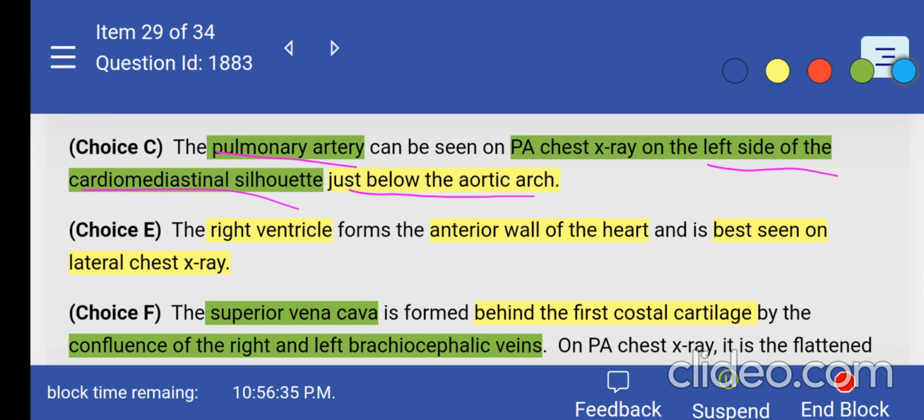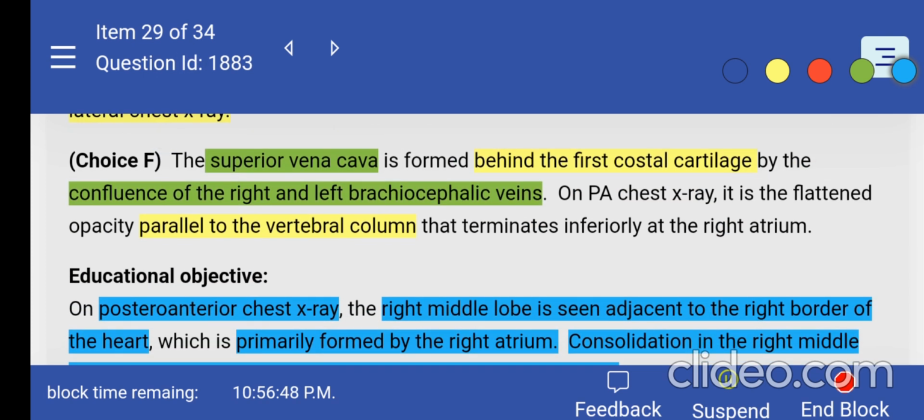Why not option E? Because the right ventricle forms the anterior wall of the heart, as I was saying about this thing, best seen on the lateral chest X-ray, right? Okay. Then why not option F? Because the superior vena cava is found behind the first costal cartilage by the confluence, this is important, confluence of the right and left brachiocephalic veins.